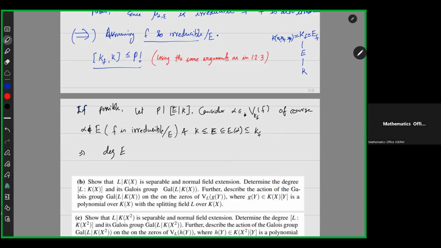Degree of KF, sorry. Okay, I should write in bracket only.